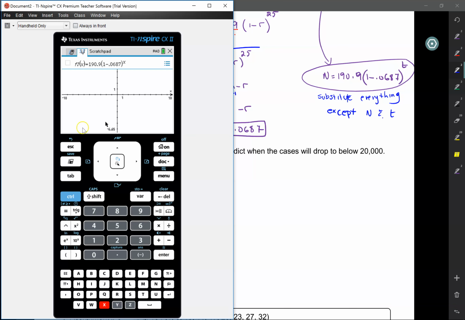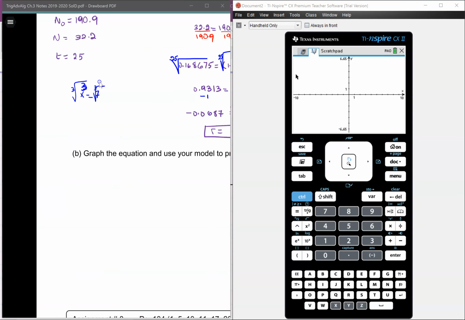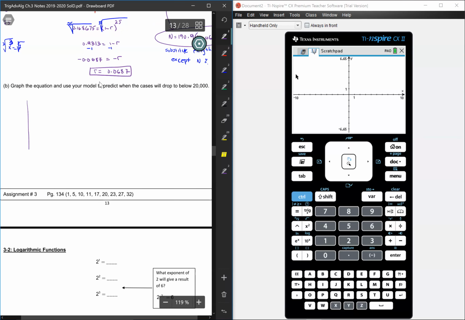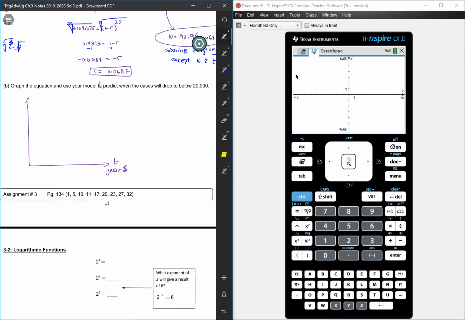So now when you graph, you're not going to see much. Why not? Because look at my values. First of all, what does the x-axis represent here? This represents years, right? So t in years. And what is the time frame for my problem here? It's like 25 or so years, right?